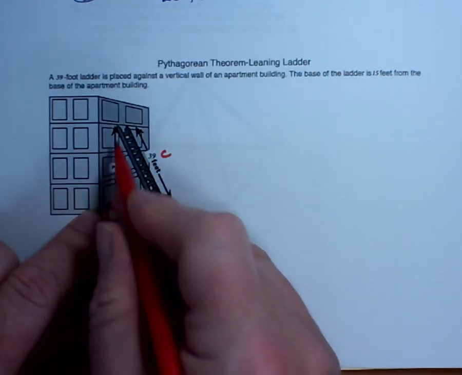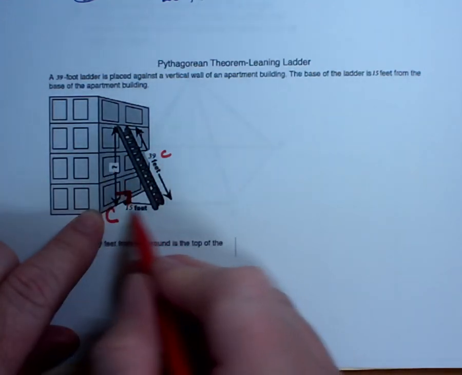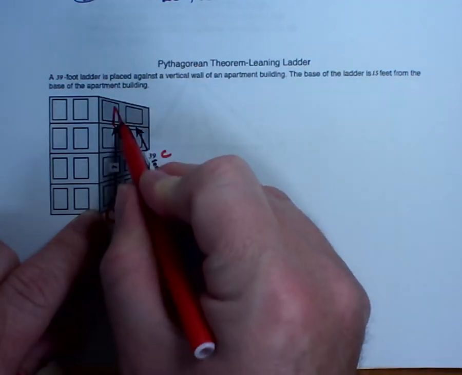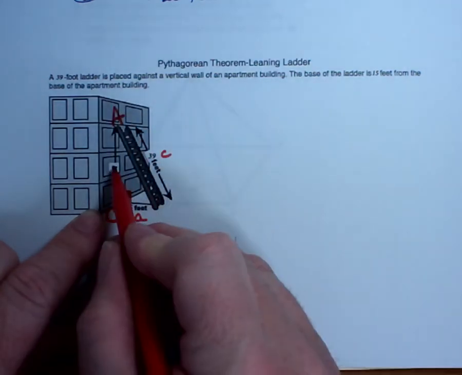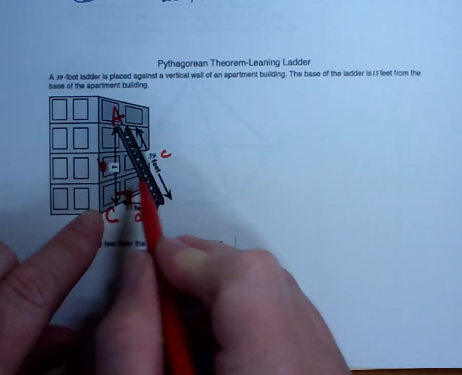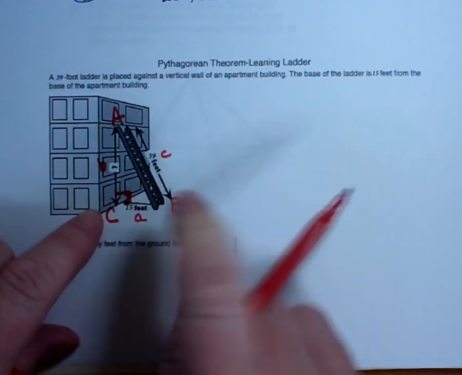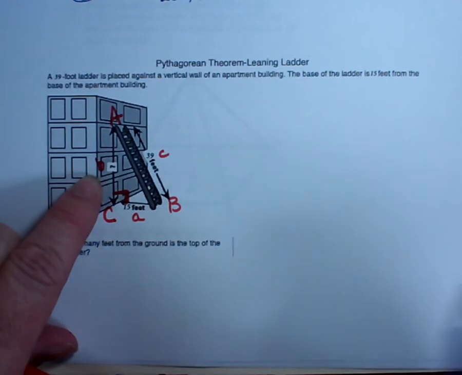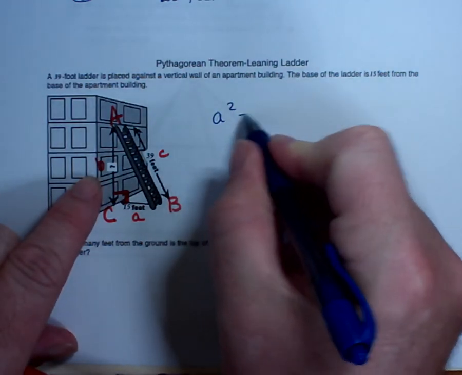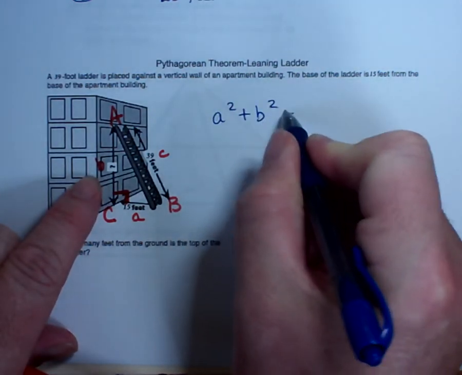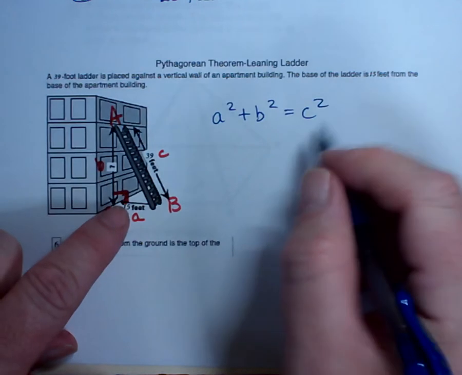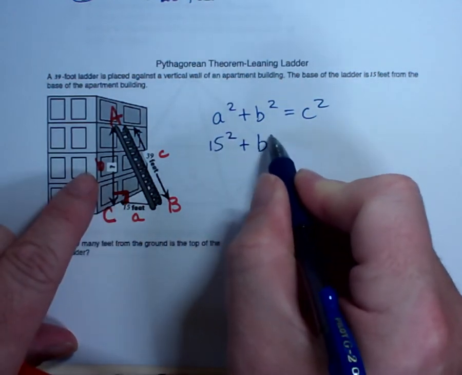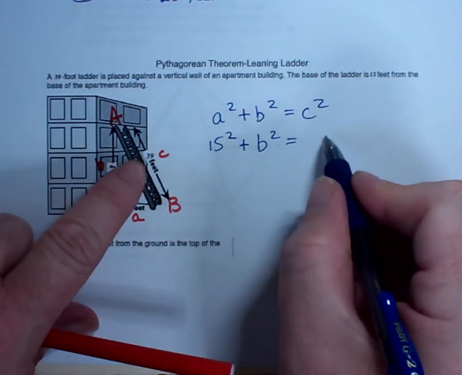This questionable length looks a lot longer than this 15 feet, so we'll call that A. Capital A, we'll call the question mark B, and so that's capital B. So we're looking for B. We are going to use the Pythagorean Theorem. A is 15. We don't know B, but we do know C.